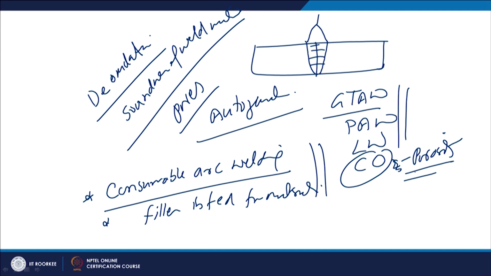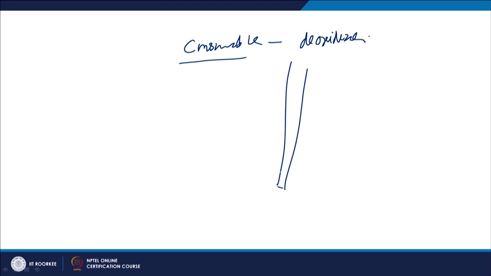And what is that logic? When consumables are used, the consumables will be designed or provided with suitable deoxidizers, like the electrode itself designed to have suitable deoxidizing elements like aluminum, manganese and silicon.